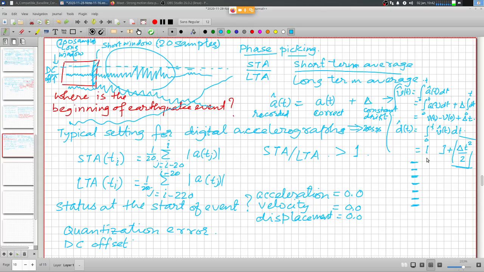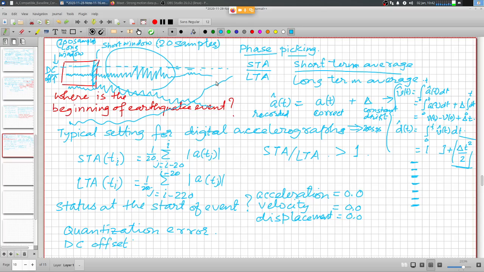The actual ground displacement is somewhere here, but it would be offset by this quadratic variation, and this may completely cloud the interpretation of the ground displacement, and therefore it needs to be resolved.